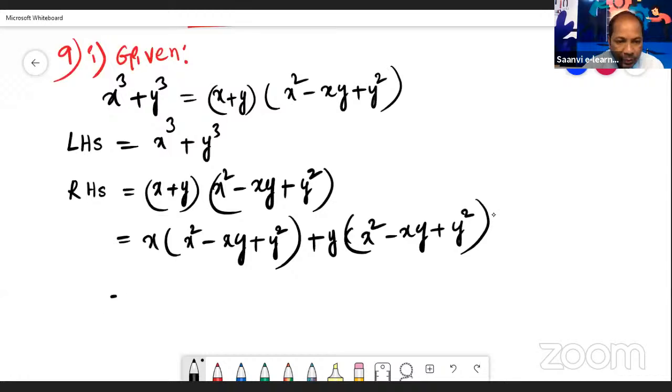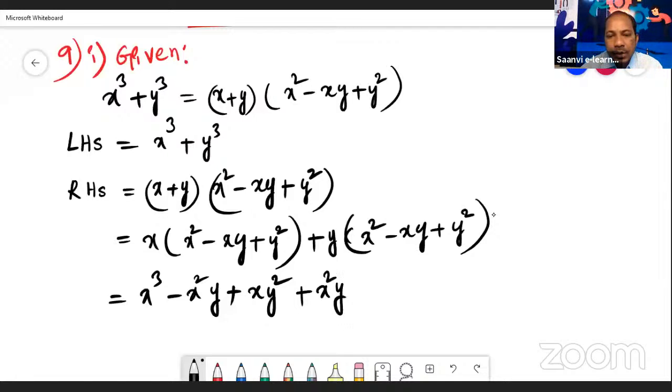So now what do we get here? X into x square, we get x cube, minus x into xy, x square y, plus x into y square, xy square. Plus, here also y into x square will come, but we should write in order, so plus x square y.